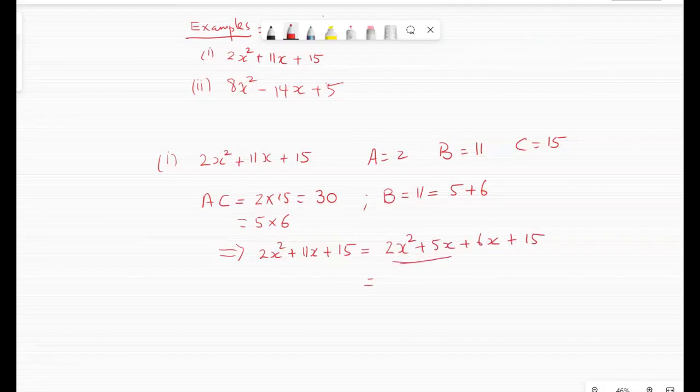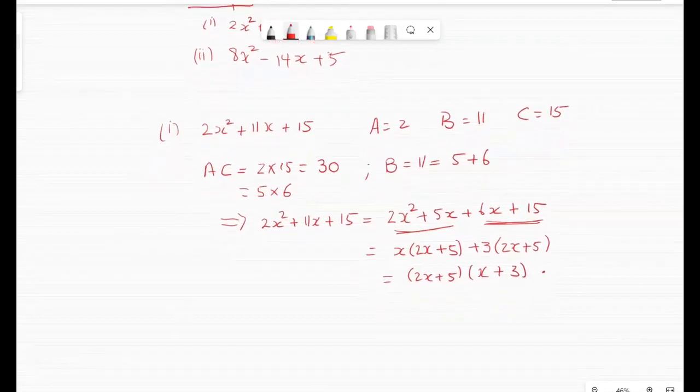Now we look at the first two terms and factor out x to end up with x times (2x plus 5), and then plus, for the other two terms, I can factor out 3, and inside I'll be left with 2x plus 5, and hence I'll have 2x plus 5 as a common factor, and inside I'll have x plus 3, and that ends factorizing the first expression.